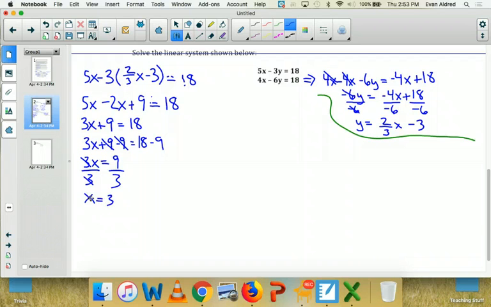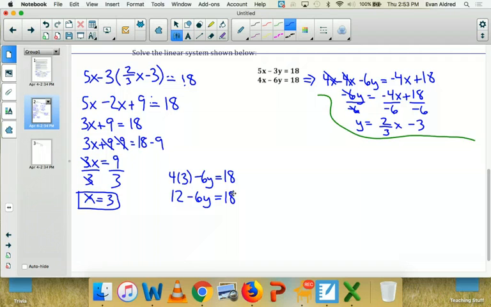Okay, so hopefully you're starting to see the process that's happening here. We have one of our variables. So now we're going to find the other one. Well, if x is equal to 3, we can go to either equation as we did before and plug x equals 3 in. So let's choose our bottom equation this time. So 4 times 3 minus 6y equals 18. 12 minus 6y equals 18.